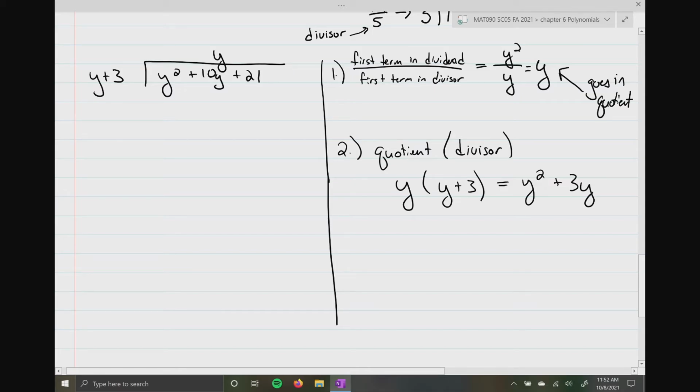Does that make sense, everyone? And I always put this in parentheses. Okay? Now, this new thing that I have, this quantity y to the second plus 3y, I'm going to write directly underneath with a minus sign out front. Okay? Now, step three.